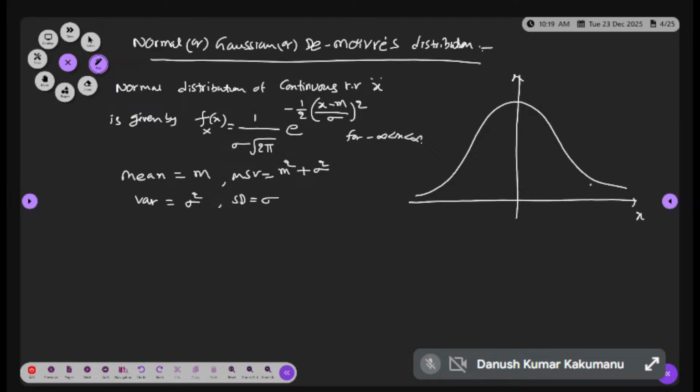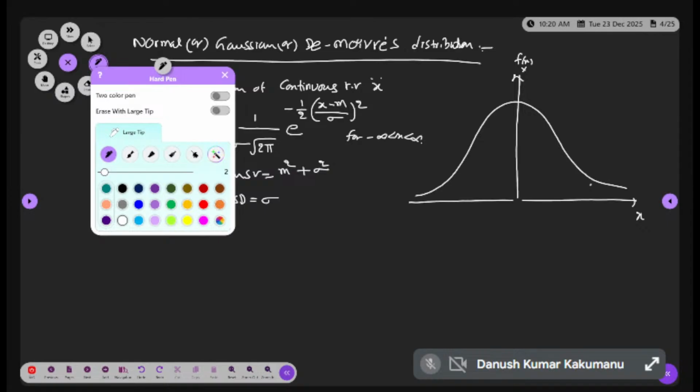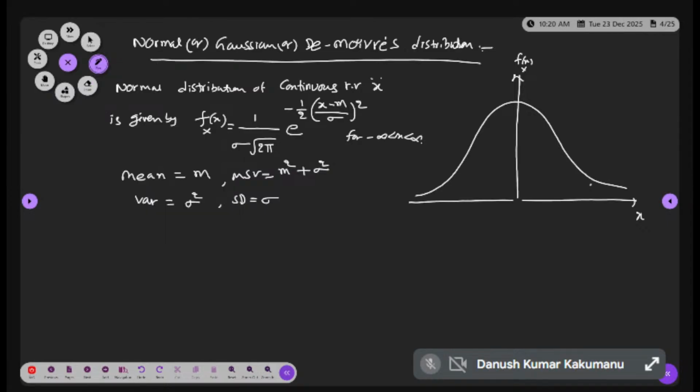This is x, f of x. Now my question is, what is the maximum value of this? At x equals m.